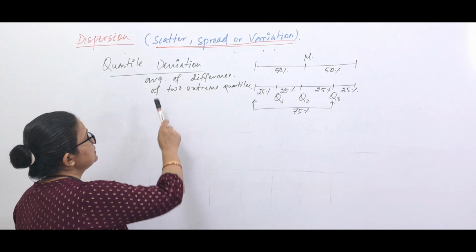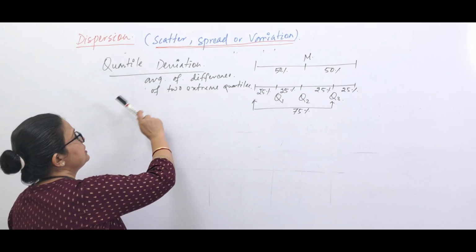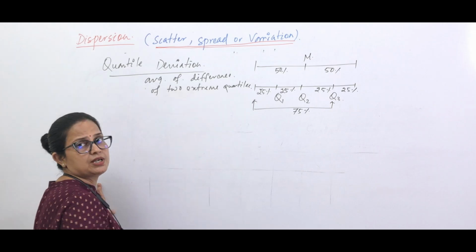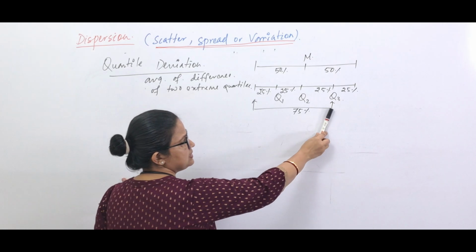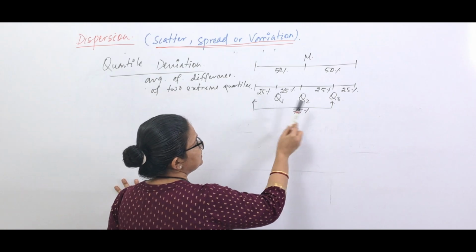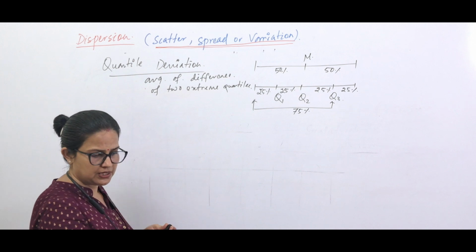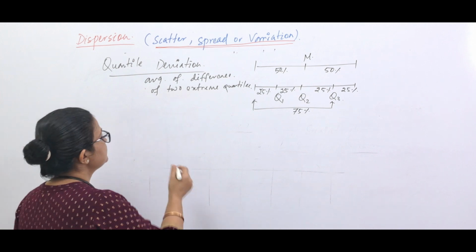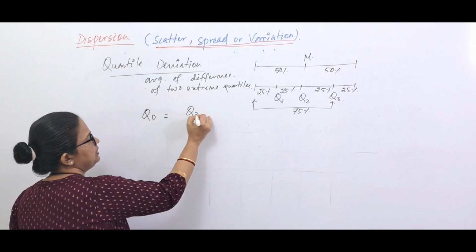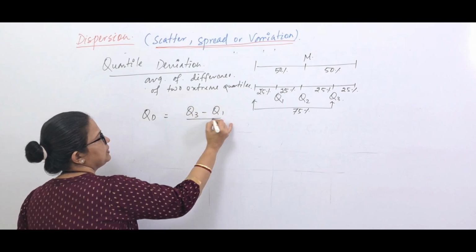So what is quartile deviation? Quartile deviation is the average of the difference of the two extreme quartiles. The extreme quartiles are Q3, 75%, and Q1. How can we calculate the quartile deviation? QD equals (Q3 minus Q1) divided by 2.